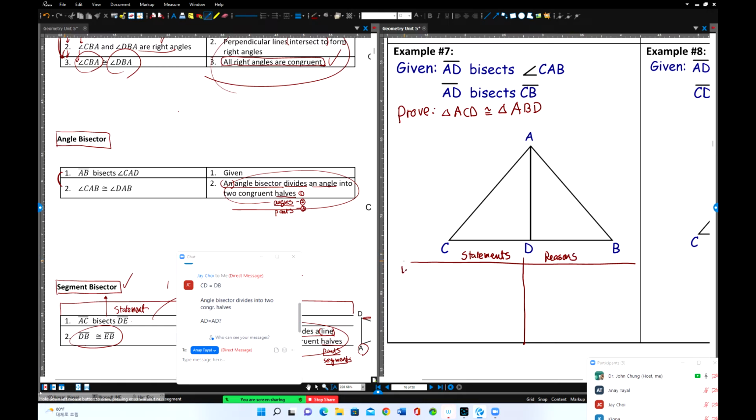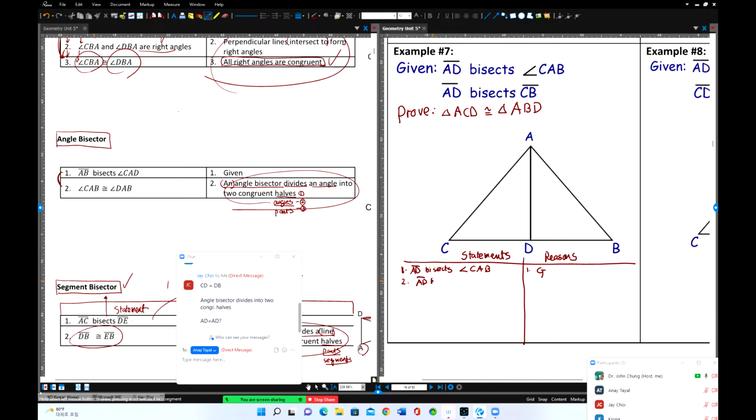Number 1, you have to write down as it is. AD bisect angle CAB. After this, you can write down, okay, you can find the result right after this. It doesn't matter, or you write down all given. After that you can find the result. Okay, so I'm gonna write down all the given over here.